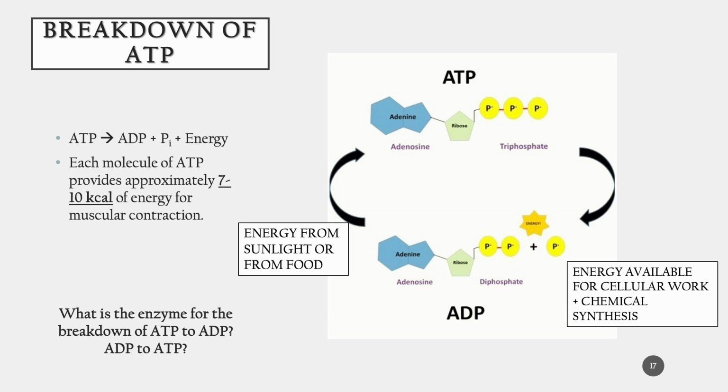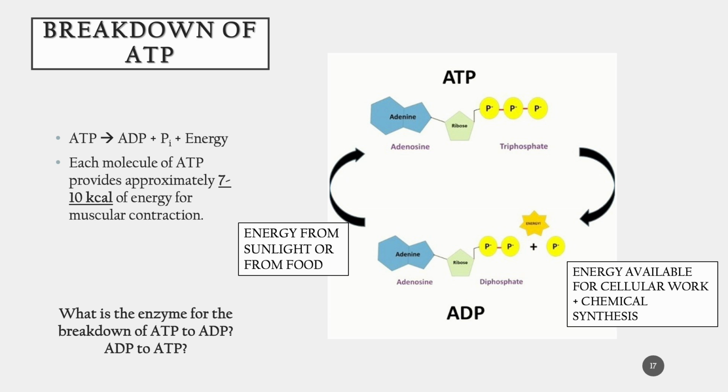Now, what enzyme has to be a part of this process? Remember, in order to break something down, it needs an enzyme, a catalyzed reaction to take place. So in order for ATP to get broken down into ADP, we have what's known as ATPase, A-S-E. If you ever see a word that ends with ASE, that means that it is an enzyme.